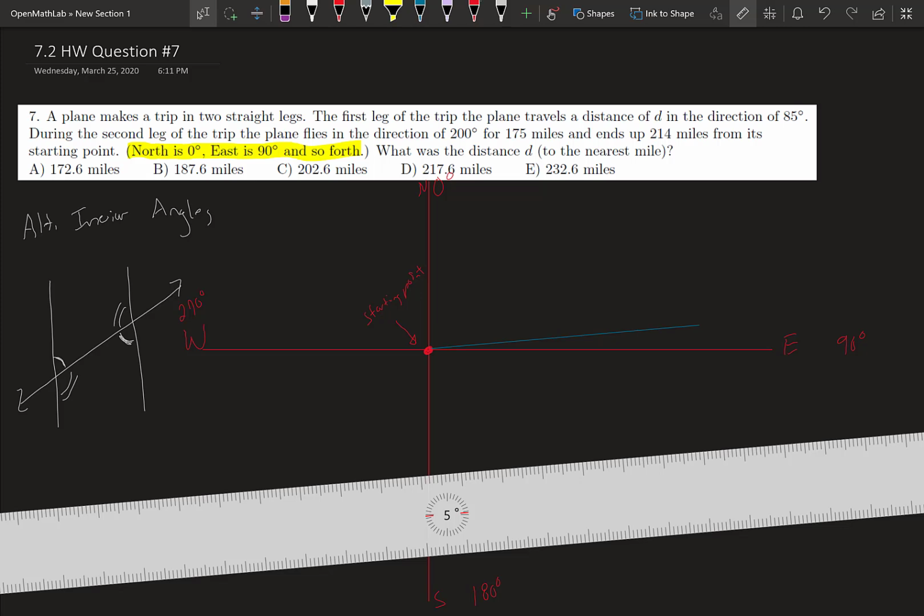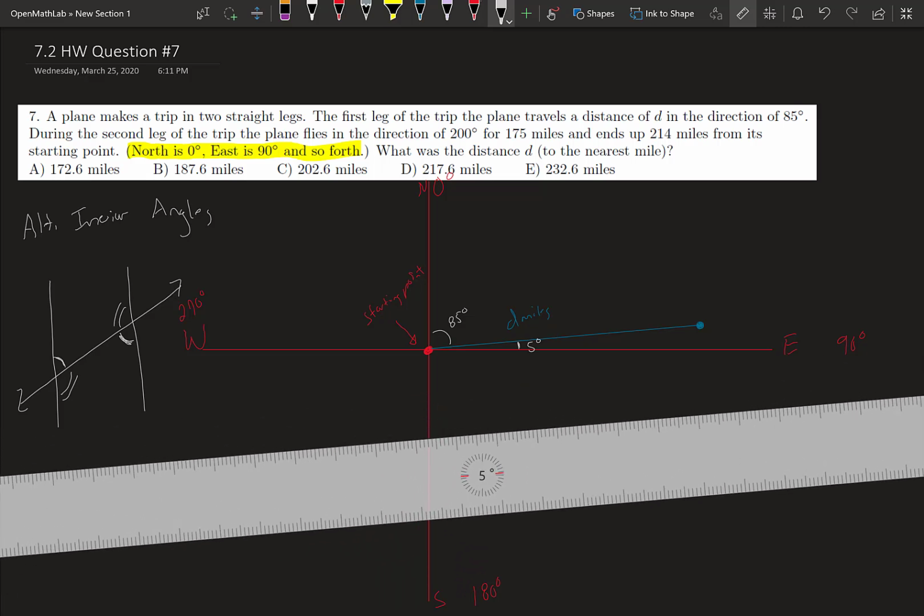So there's my first part for the plane, and this is d miles. Just to label it, this part is 5 degrees, and this part is 85 degrees. And then the second leg of the trip, we're going in the direction of 200.